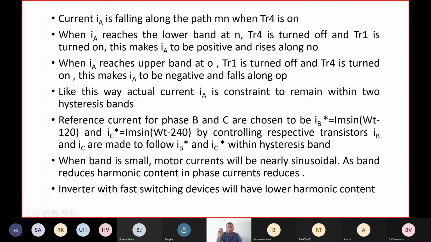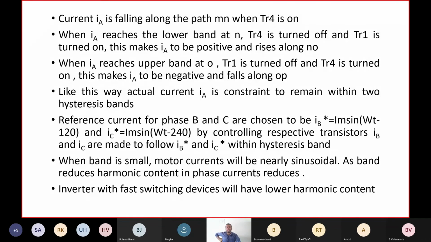This IB star and IC star control phase B and phase C. Phase B will have TR3 and TR6, and phase C will have TR5 and TR2. By controlling the respective transistors TR5, TR3, TR2, TR6, IB and IC are made to follow IB star and IC star within the hysteresis bands.